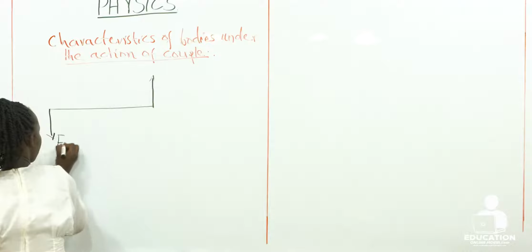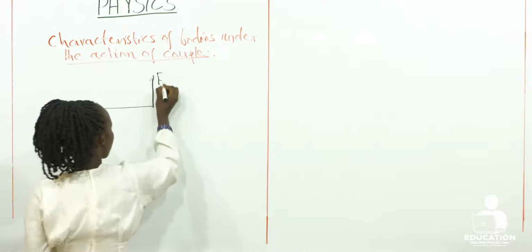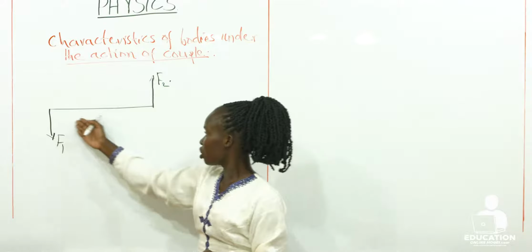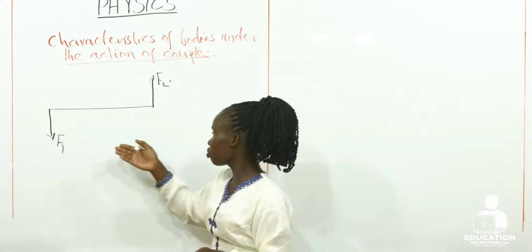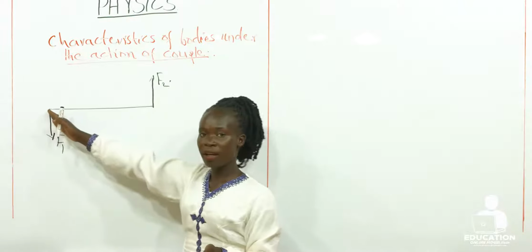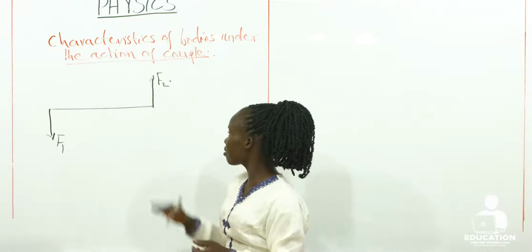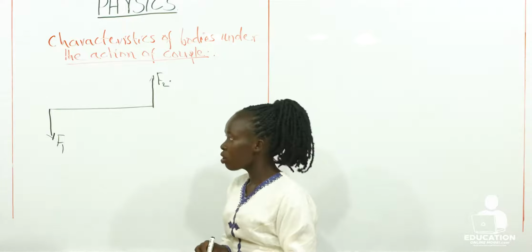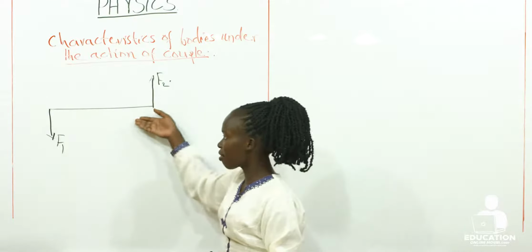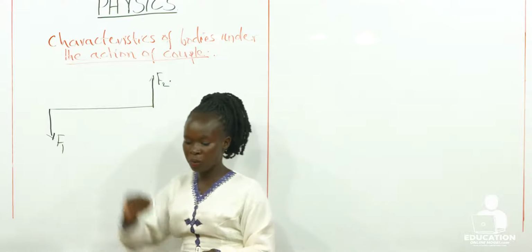We shall say this is F1 and this is our force F2. We can see that their lines of action do not actually meet. This one is acting at one end of our rod, and this one is acting at this end. So what are the characteristics of such bodies under the action of couple?